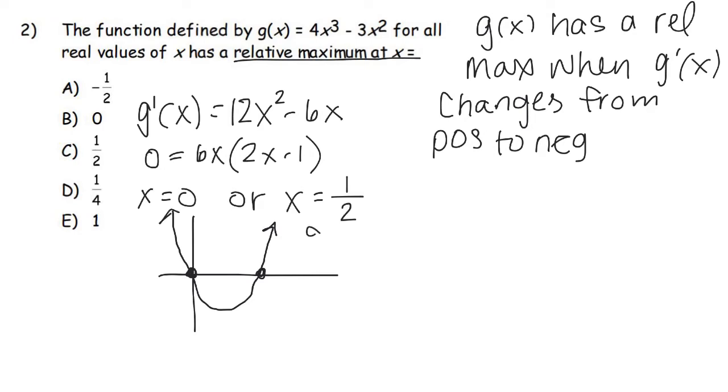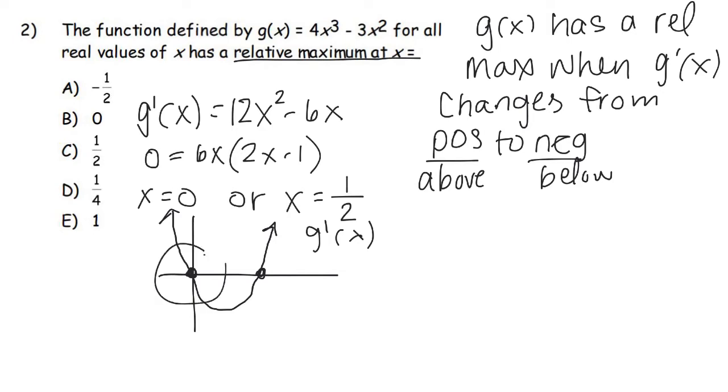This is the graph of g prime at x, and I would look to see where g prime at x changes from positive to negative, which is going to be from above to below the x-axis. So that's going to happen right here at 0. So for number 2, your answer is B.